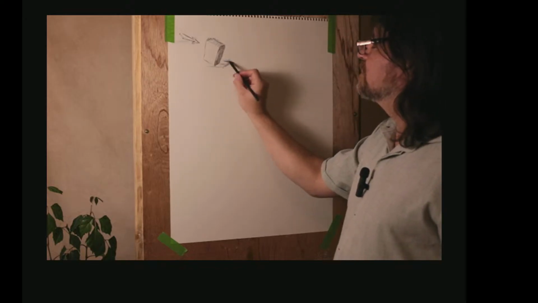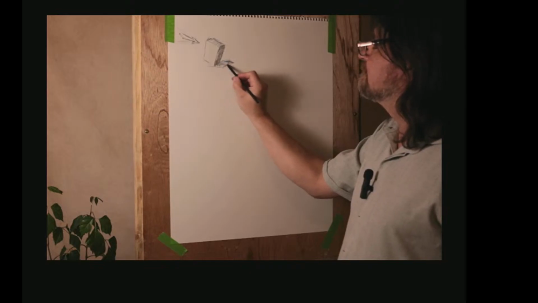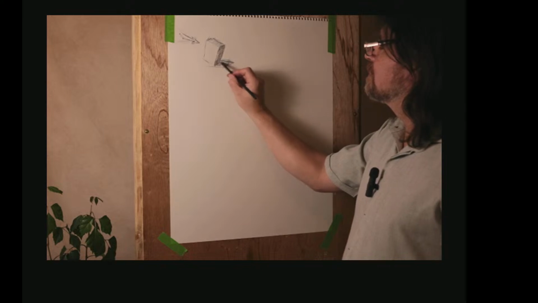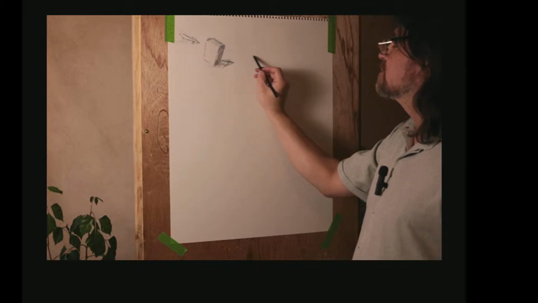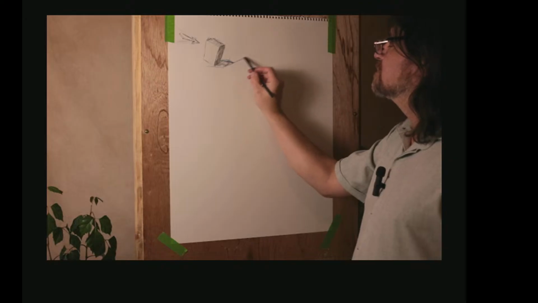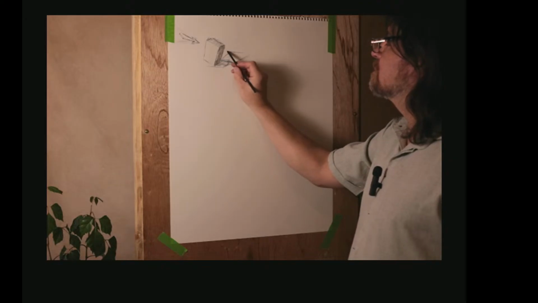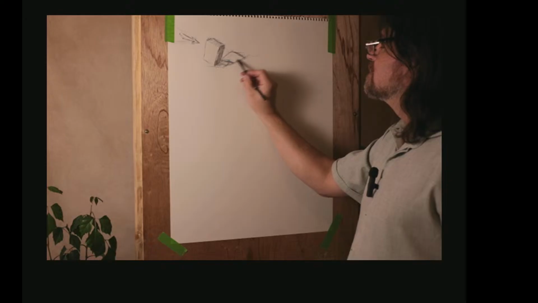You're going to have a little bit of a shadow. And if it's going this way, the shadow is actually going to probably be closer to, and it's going to follow this contour.